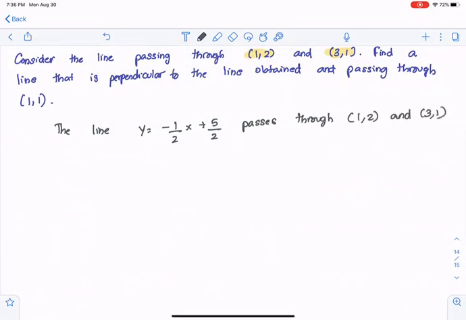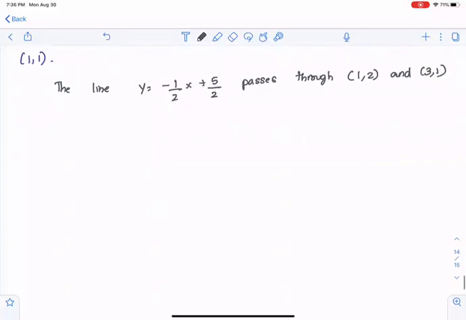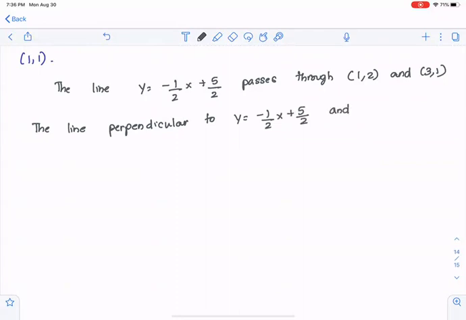And now we want to find a line that is perpendicular to the line that we just obtained. And not only that, it has to pass through 1, 1.